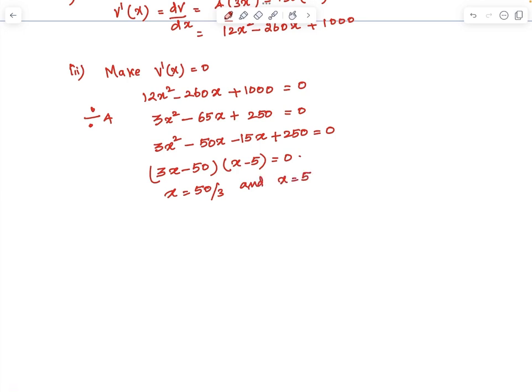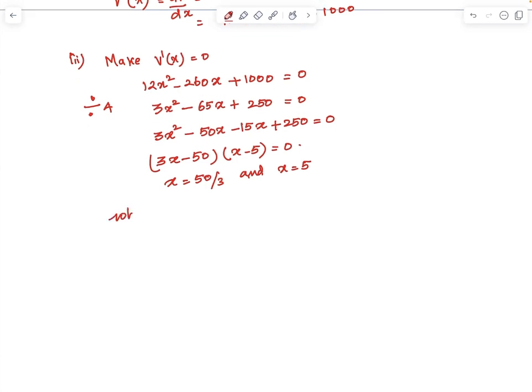So now between the two values, I feel we can reject this 50 by 3, because when x is equal to 50 by 3, b becomes negative. B is 25 minus 2x.